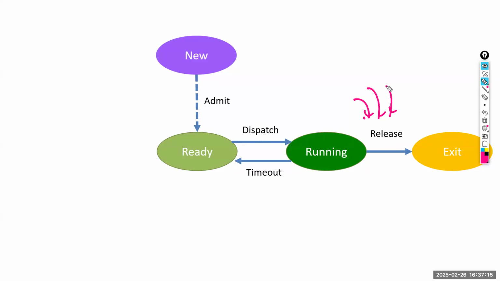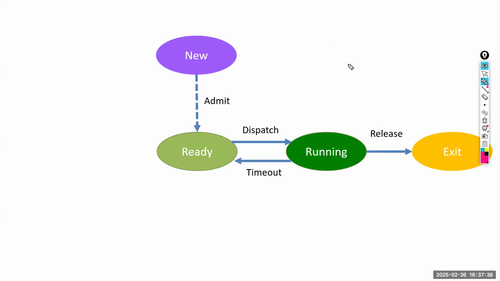So you can see three reasons: the program is done, an exceptional situation, or the user has terminated. For any of these reasons, the running state goes into the exit state. The exit state is the last state. Is it clear up to this point?